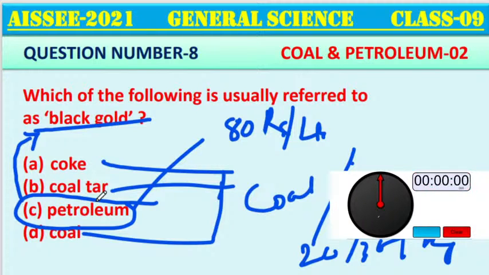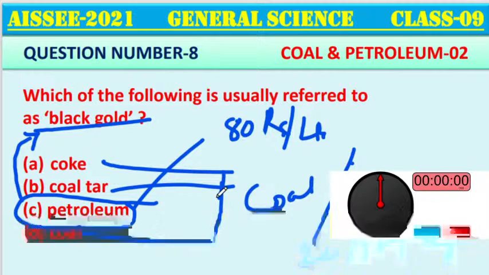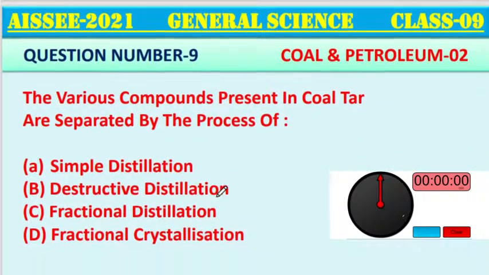Saudi Arabia, Qatar, Kuwait. Kuwait is a very small country, but it's very rich. Why are they rich? They have abundant natural gas and petroleum. Okay. Now question number 9.